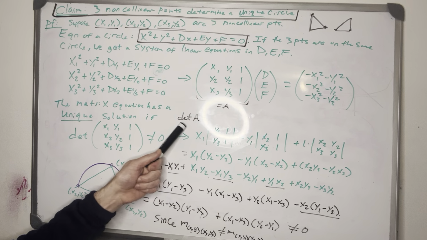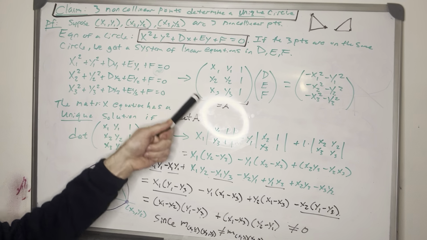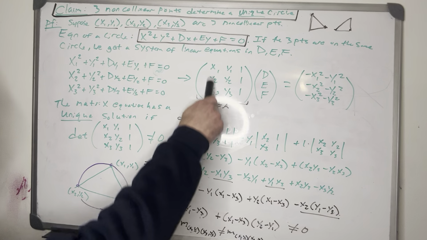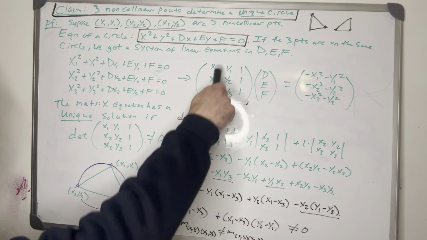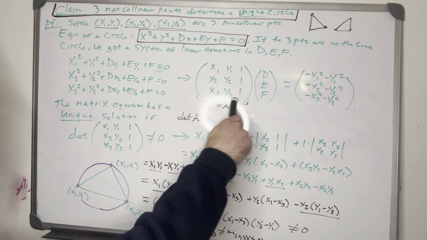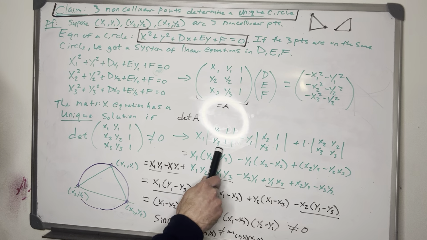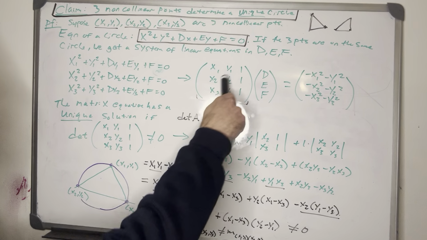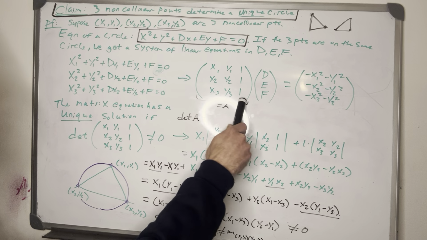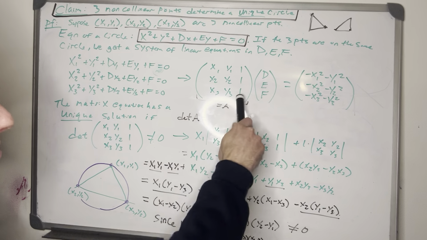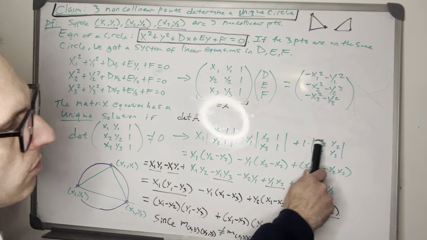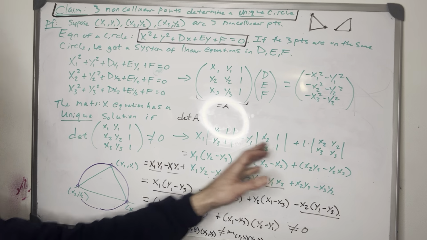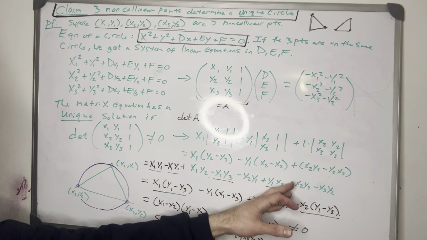If you calculate the determinant of this matrix here, I expanded by minors with the top row, so x1 times this minor, minus y1 times this minor, x2, x1, x3, x1, and then the last minor, x2, y2, x3, y3. So you multiply that out, expand it out.